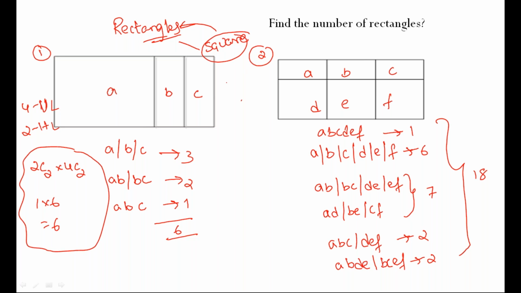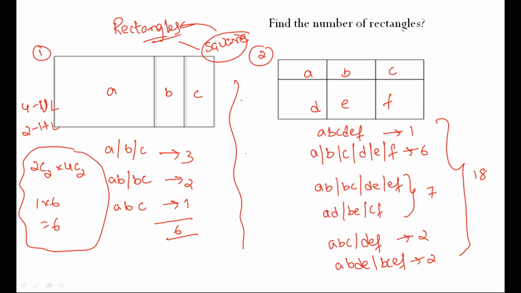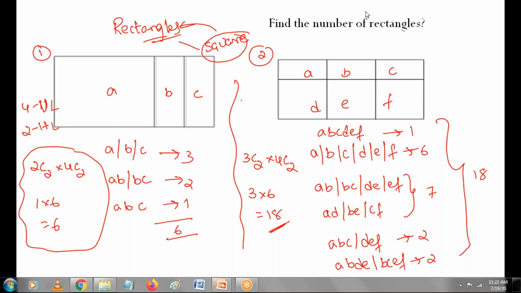Now see the second question. How many vertical lines, how many horizontal lines? You have 3 horizontal lines, among that 2, and 4 vertical lines, among that 2. 3C2 is 3, 4C2 is 6. If you multiply, you get total 18. That's it, 3 into 6. So 3C2 into 4C2.